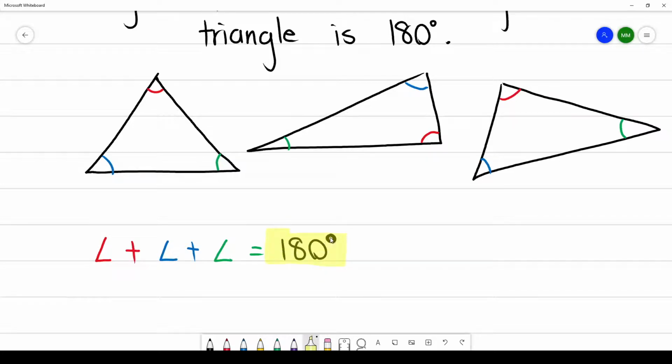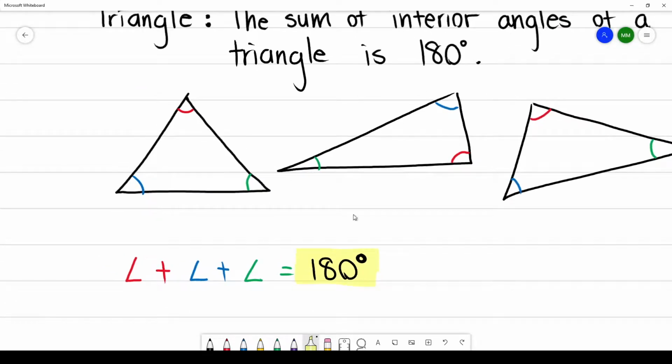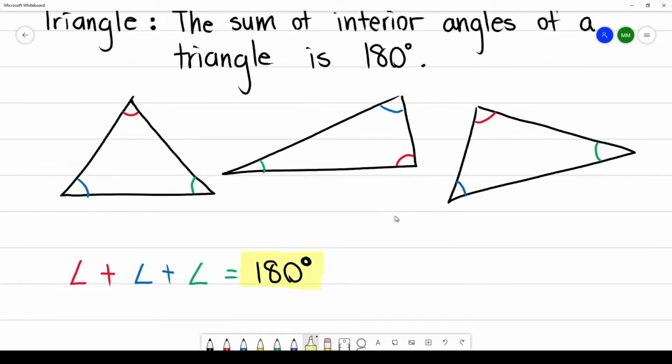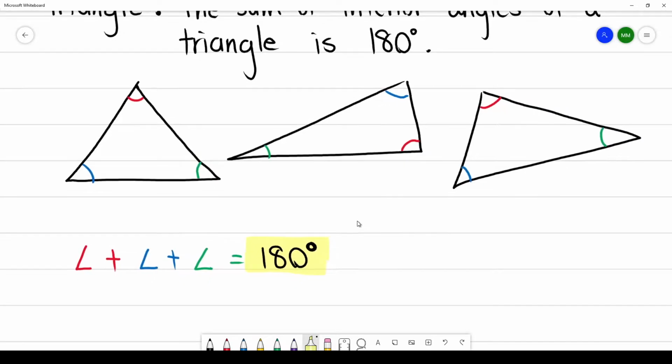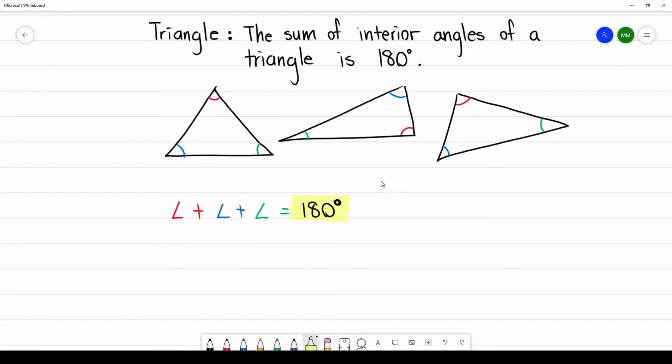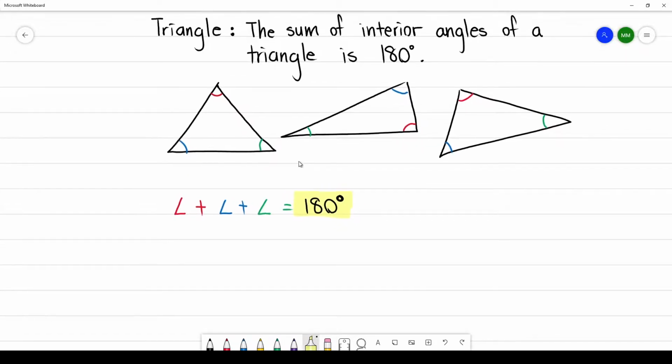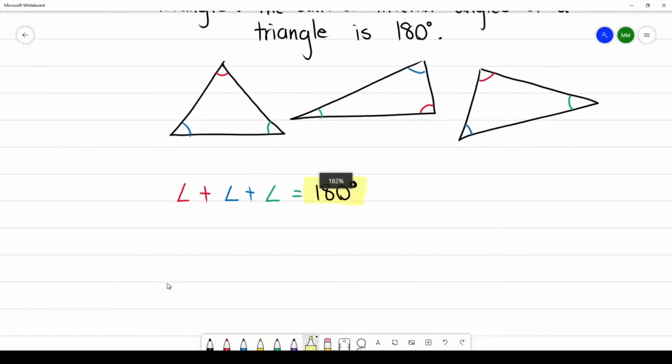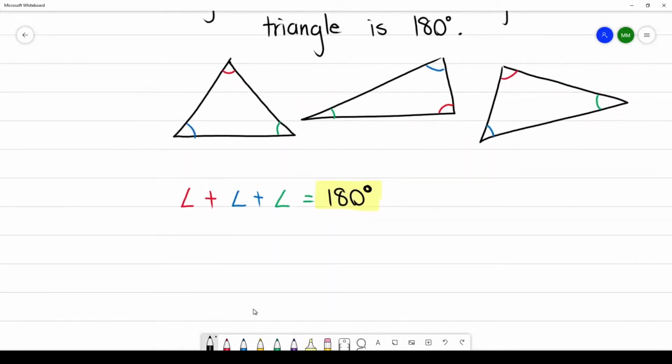No matter what the shape of the triangle is. The interior angles are equal to 180 degrees. Now, the hard part is, so I'm just telling you this, and you can believe me because it's true. The hard part for you is to prove it.